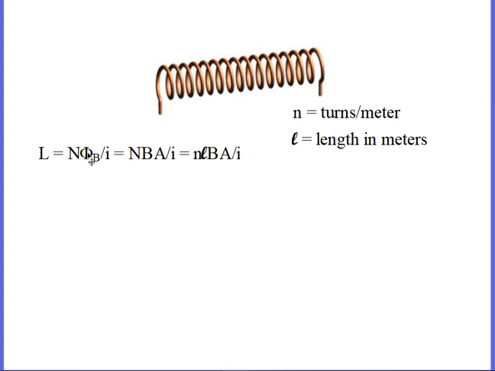And then I will replace the flux by BA. Why can I do that? Well, if this is a long inductor, what's true about the magnetic field out here? And the answer is it is 0. And what's true about the magnetic field inside? And the answer is it is constant.